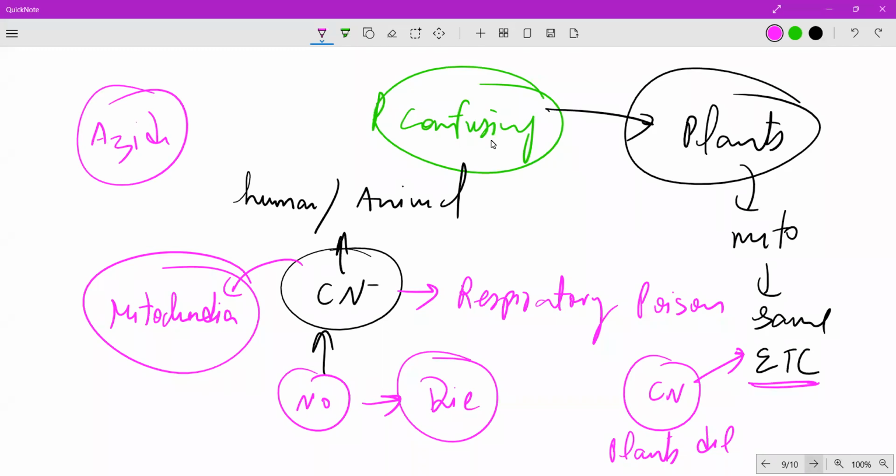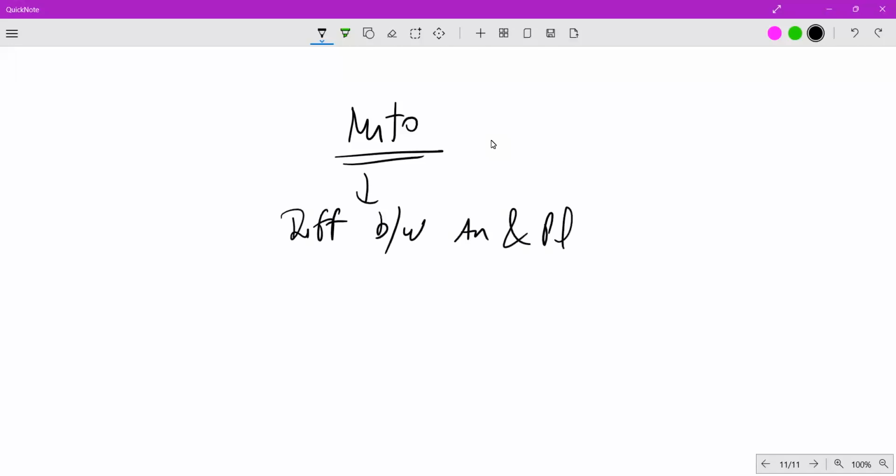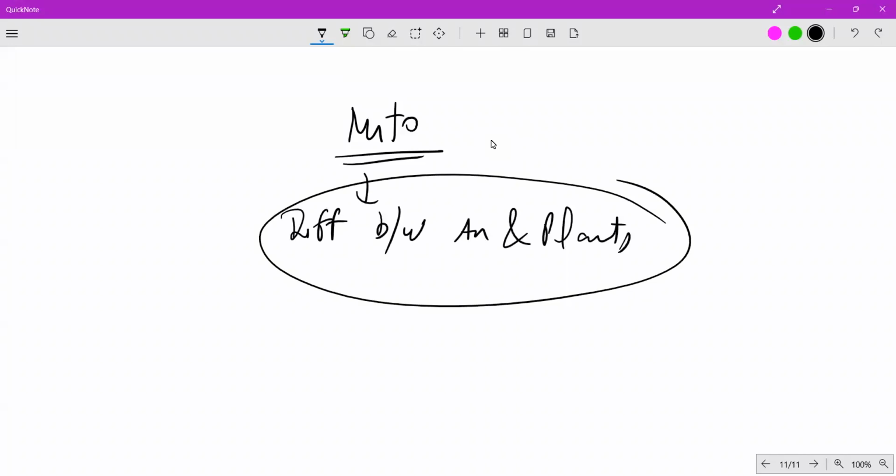That means when we study mitochondria, there must be certain differences between animals and plants. And this is what we don't study in colleges.